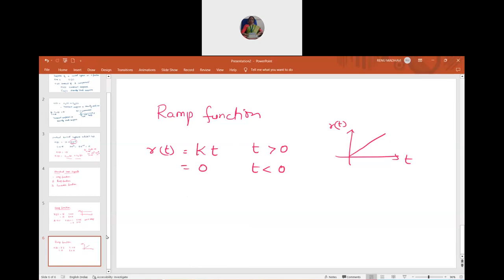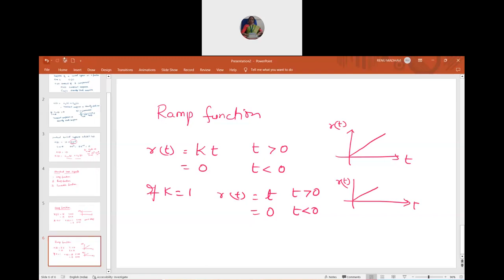If k is equal to 1, then r of t is equal to t for t greater than 0 and equal to 0 for t less than 0. So you will have the same slope but unit slope.